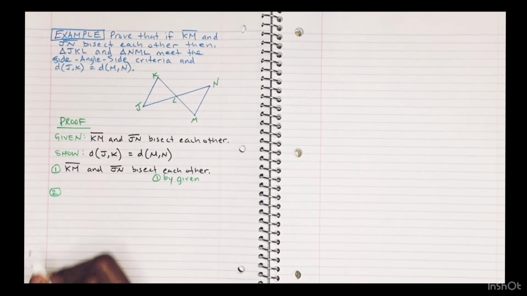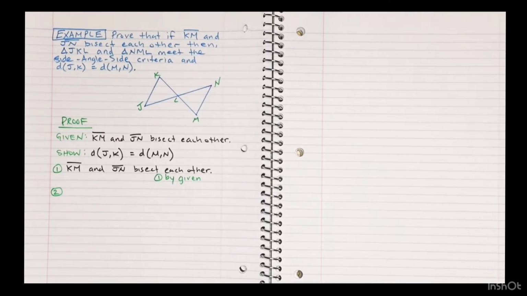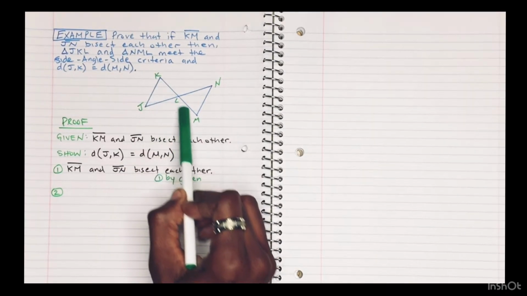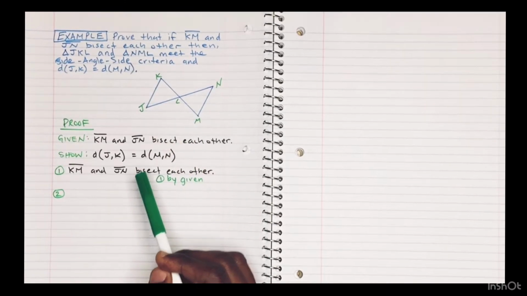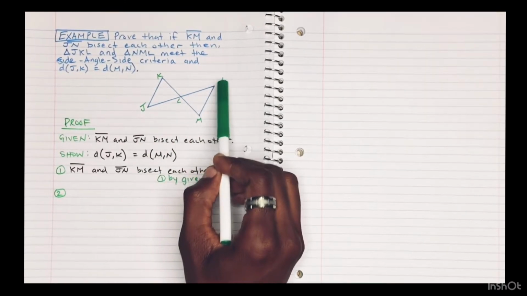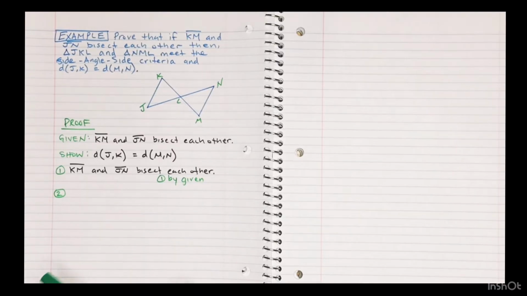Let's look at step number 2. When we look at step number 2, we have to use what we have received from step number 1, which is our given. And it says that KM and JN bisect each other. So this is KM, this line here, and this is JN, this line here. And it's saying that they bisect each other. Now this is a quick definition alert.